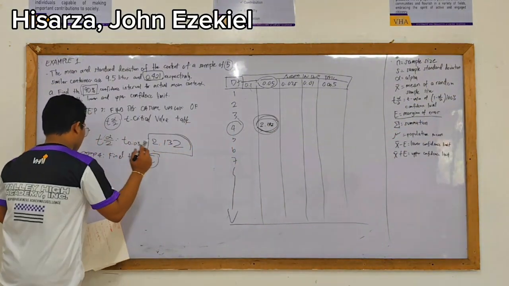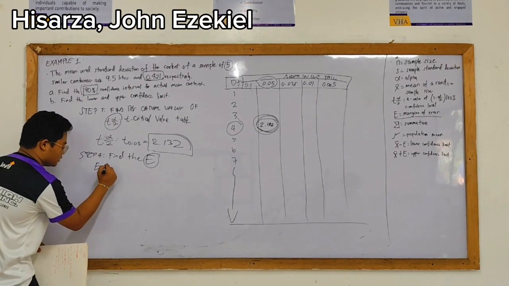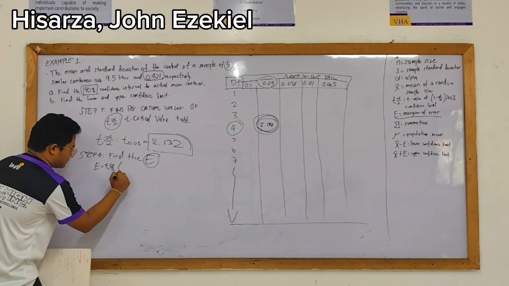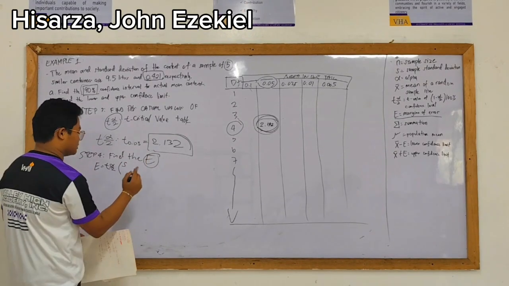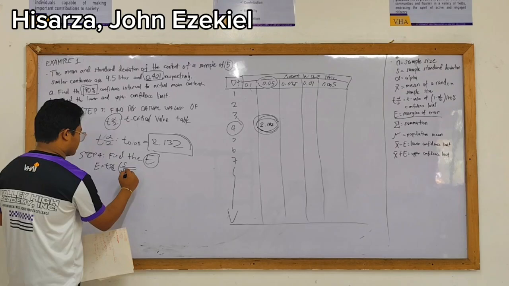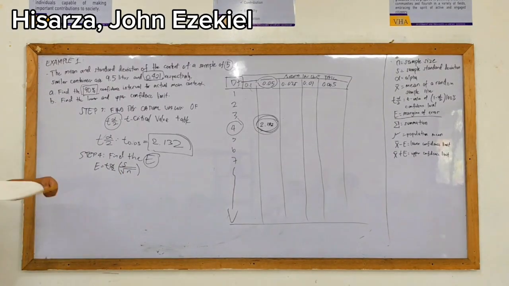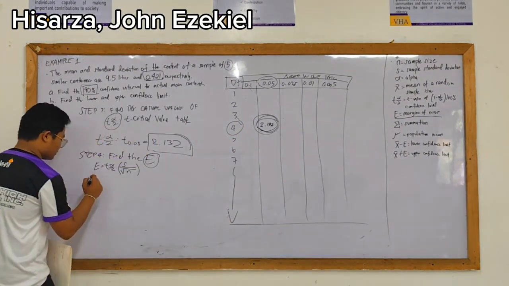The formula for margin of error is equal to the critical value multiplied by the sample standard deviation over the square root of our sample size. This is the formula to get the margin of error.